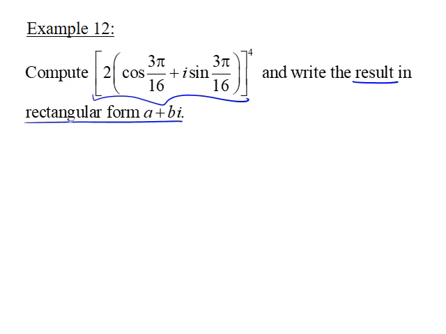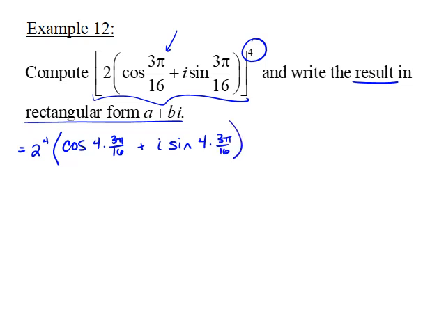Okay, well, I want to raise this complex number to a power of 4. So what I'm going to do is the following. This will be equal to 2 to the power of 4 times, now what I'm going to do is multiply the argument by 4. So I'll have cosine of 4 times 3 pi over 16 plus i sine of 4 times 3 pi over 16.